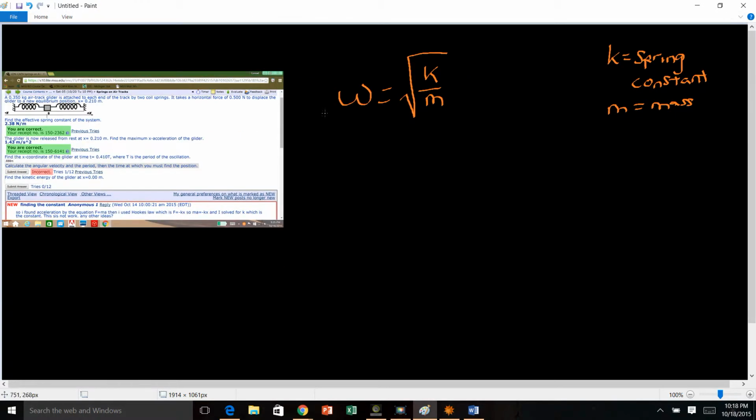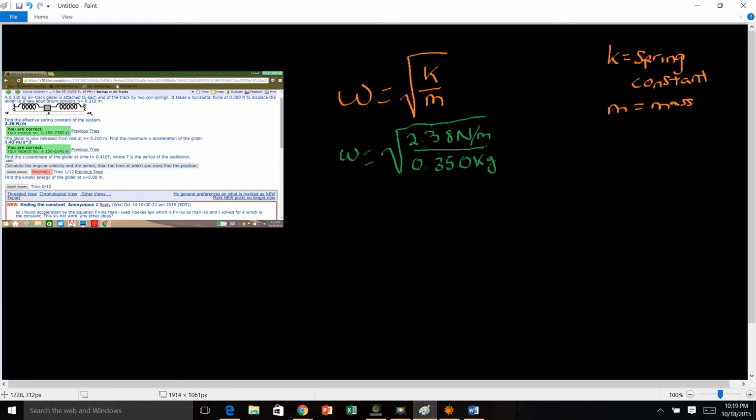So your angular velocity is equal to the square root, and we'll just plug in our values here. 2.38 Newton meters. Don't forget your units either. That's always important. Newton meters, and your mass, which it says in the problem, 0.350 kilograms.